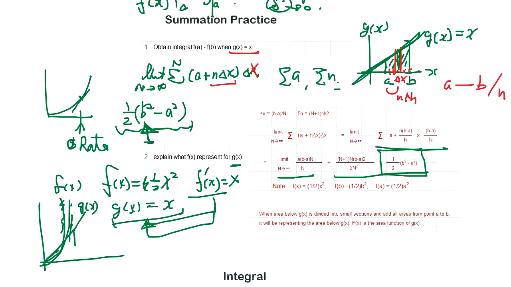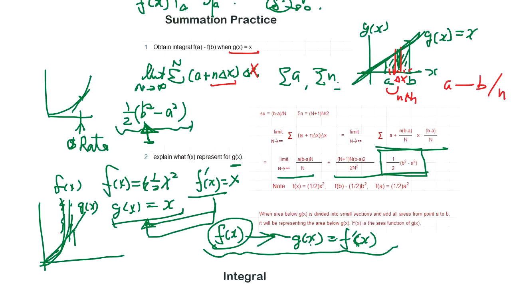This is the interpretation using derivatives: g(x) is the derivative of the area function. So that's what it represents, and conveniently it looks like the opposite of a derivative.